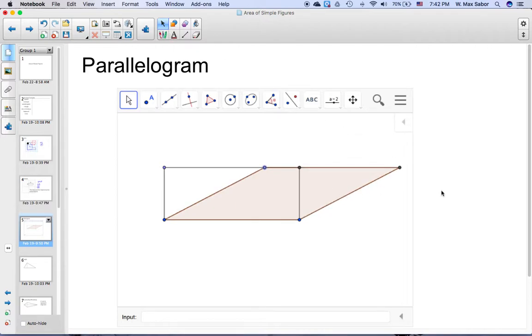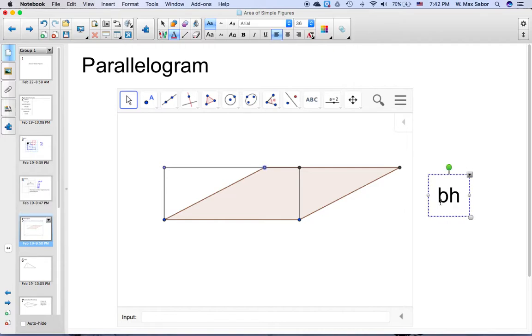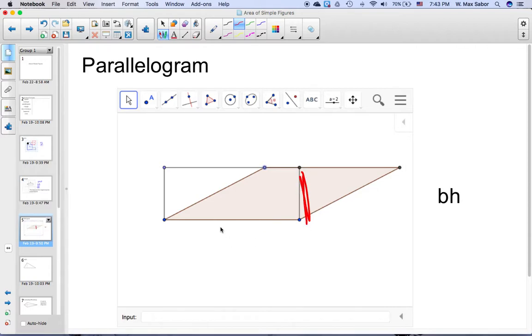So this will still be base times height. However, it's important to know that the base and height must be perpendicular to each other. So you would be using that height and that base. We are not using the slanted sides.